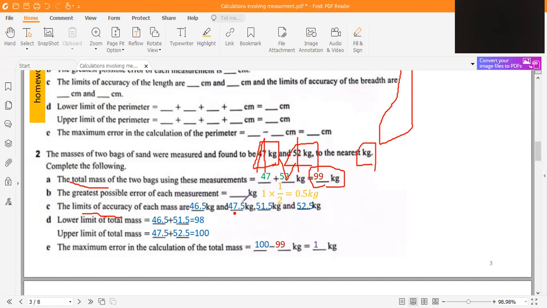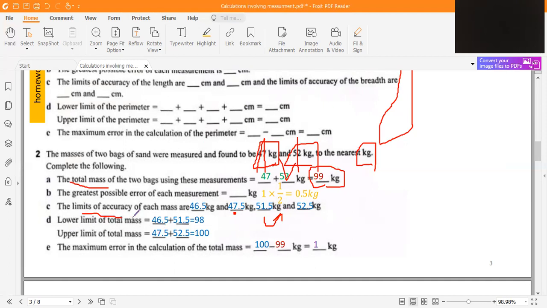Similarly, we can evaluate the limits of accuracy of the second mass to obtain 51.5 as the lower limit and 52.5 as the upper limit.